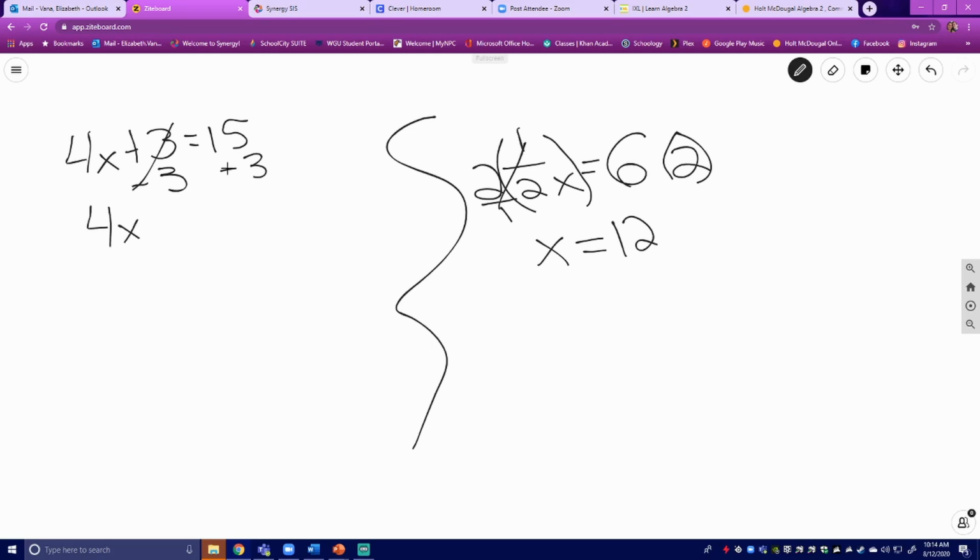Now I'm left with 4x equals 15 minus 3, which is 12. Now I still have that 4 by that x, so we need to divide the 4 out since it's being multiplied to x, doing the opposite to get rid of it. 12 divided by 4 is 3.